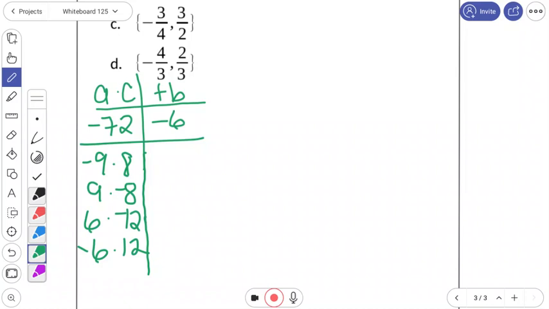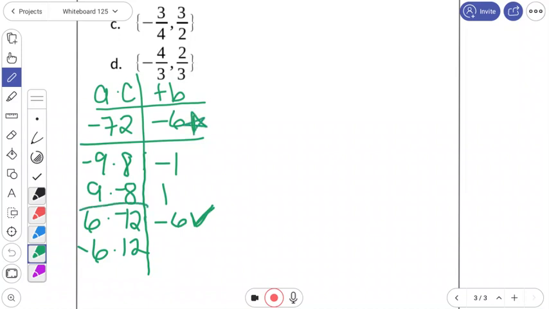Let's see if any of those work. Negative 9 plus 8 will give us negative 1, not what we wanted. 9 plus negative 8 gives us positive 1, not what we wanted. 6 minus 12, that gives us negative 6. That is the b value that we wanted right here.